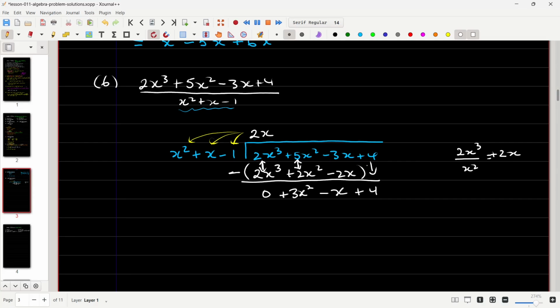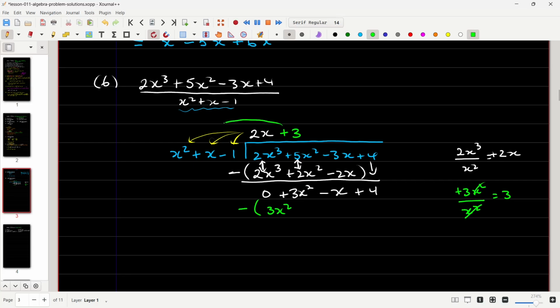All right, now I'm going to do the exact same thing again. I'm going to do it in a different color so you can see. So I'm going to take the highest power out in front, which is the positive 3x squared, and I'm going to divide it by the x squared. And when I do that division, I'm going to get 3, so I'm going to get here positive 3. And I do that multiplication, minus open bracket 3 by x squared is going to give me 3x squared.